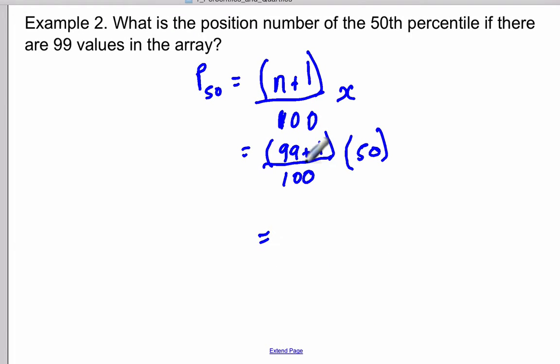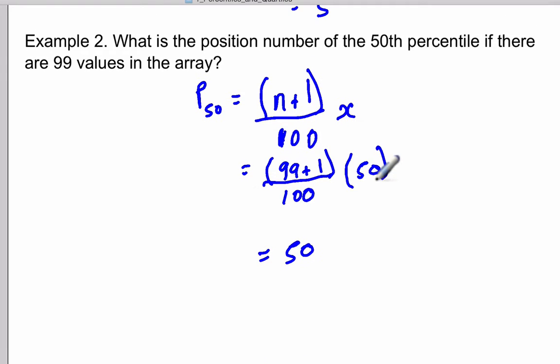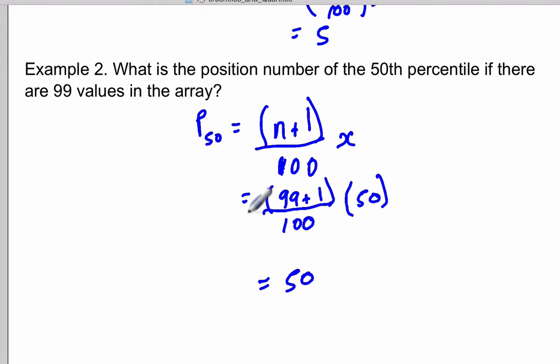This is equal to 100 divided by 100 times 50, which is 50. So if we have 99 values, then the 50th value in our array, if we order them from least to greatest, will be our median and the 50th percentile. At the 50th position, there are going to be 49 values below and 49 values above, so that's the median, or the 50th percentile.